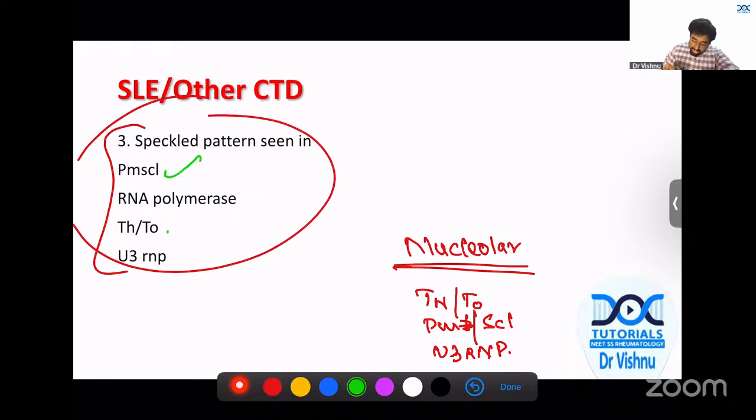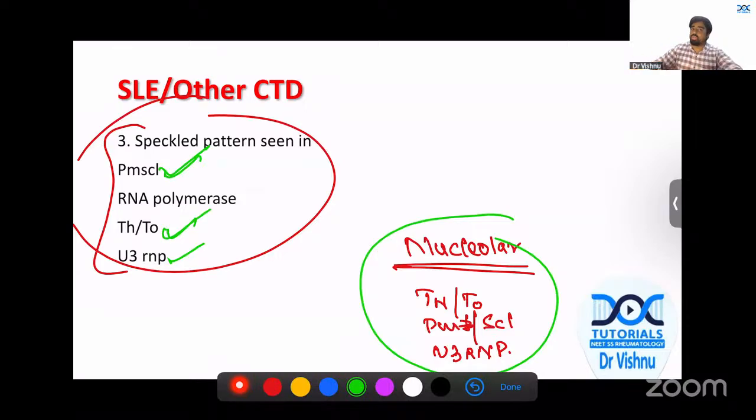If you see PM-Scl, Th/To, U3-RNP, because nucleolar pattern is neither fine speckled nor dense speckled, there's no confusion. Once you put nucleolar pattern in the option, nobody will come and argue, is it fine, dense, coarse, nothing, right? So all of these are nucleolar. Directly RNA polymerase goes into speckled.